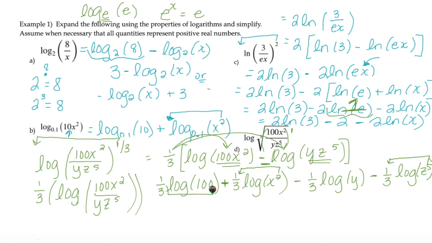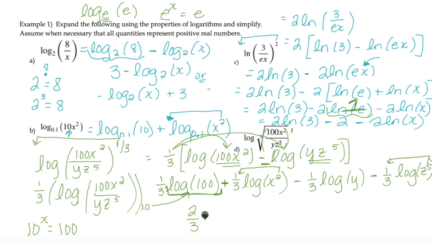We know that the base of log is 10, even if we don't see it. So I'm asking, 10 to what power gives me 100? Well, we know that 10 to the second power is 100. So log of 100 is the same as 2, and 2 times 1/3 is 2/3.